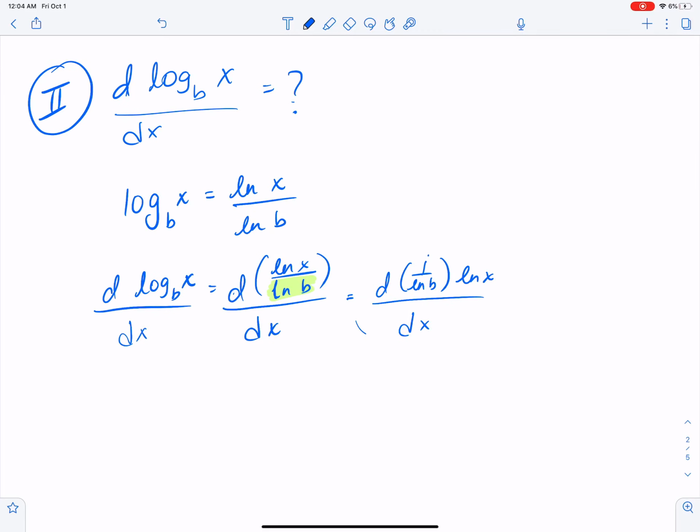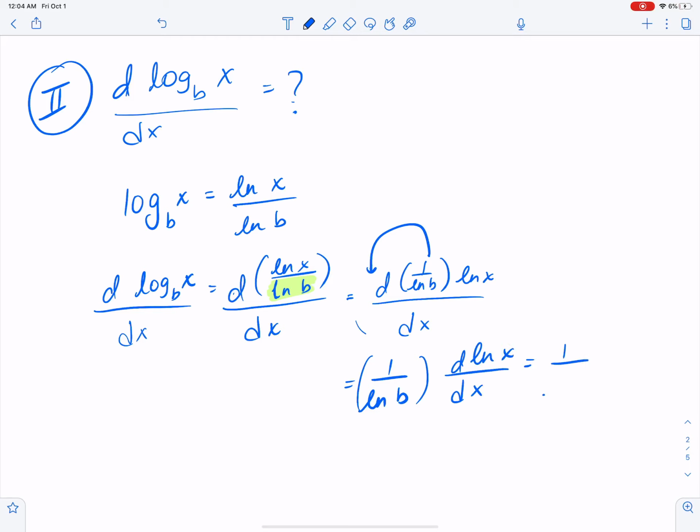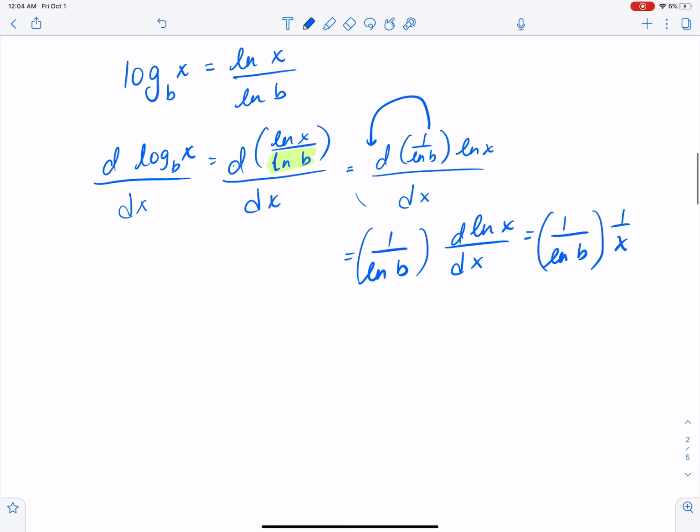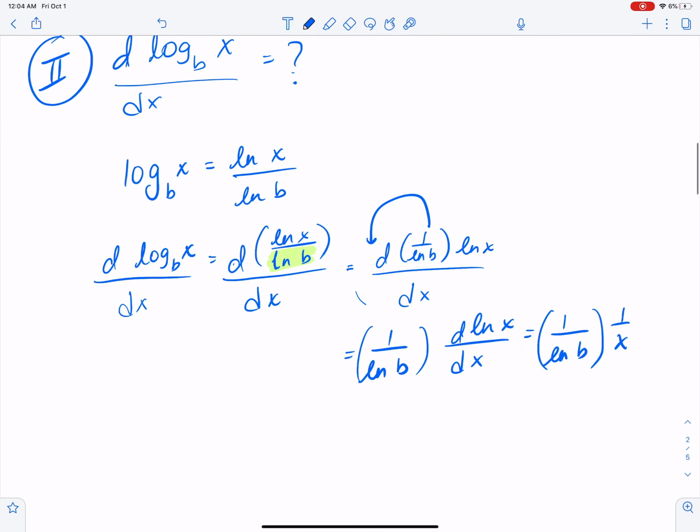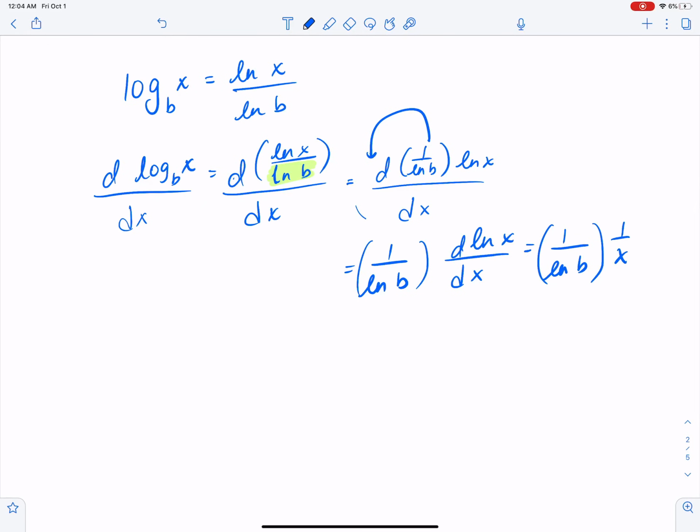This is a constant, so it comes out. And you have the derivative of natural log of x, which is just 1 over x. So that's your formula for the derivative of log x with a different base.